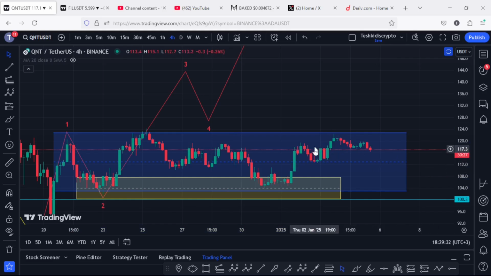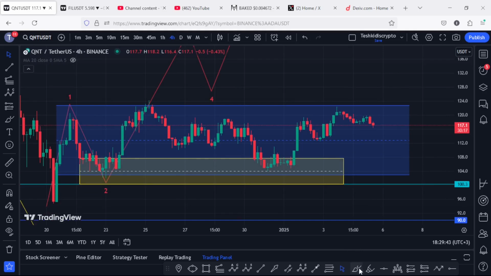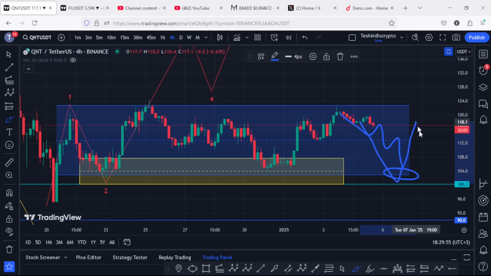And there are chances that in case we don't see the bulls get back into the market to push the price higher, we can easily see much of a sell-off in the next coming hours in a move that will easily give us a breakdown move to the lower side of the channel above the $103. And if that key area of support continues to hold, there's a chance of a bounce back.